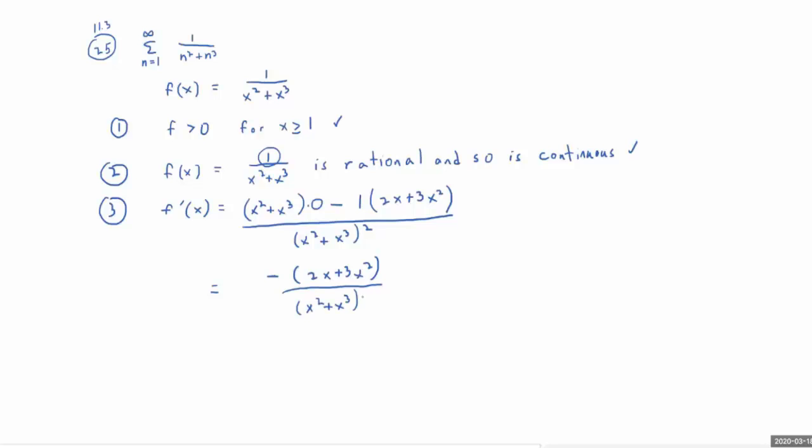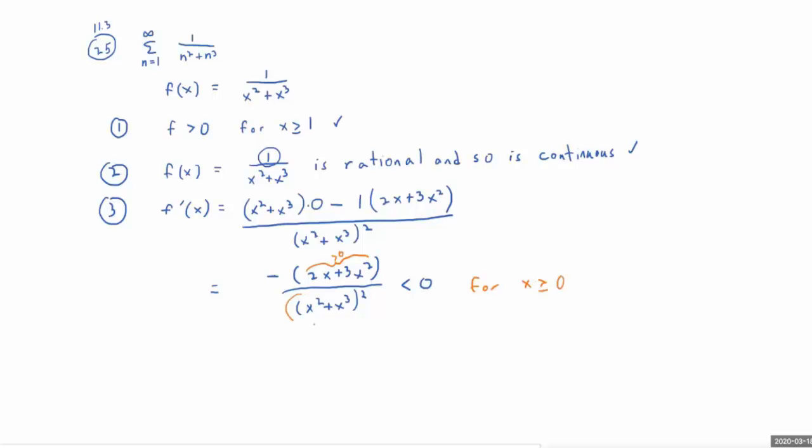Is that going to be less than 0 for x bigger than or equal to 1? It's going to be decreasing. Well, the thing is, you need to show that the derivative is less than 0 to show that it's decreasing. Okay. But it is, right? Because this guy in parentheses is bigger than 0 for x greater than or equal to 1.